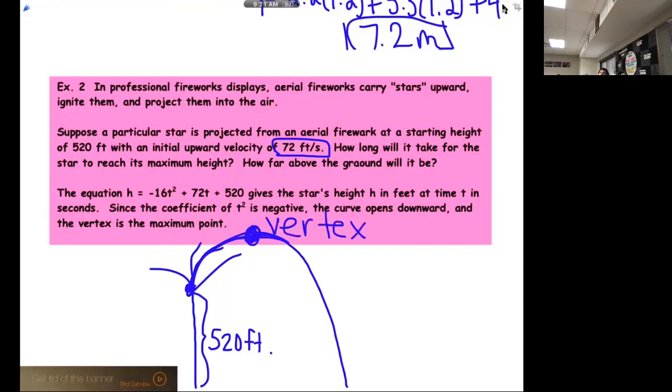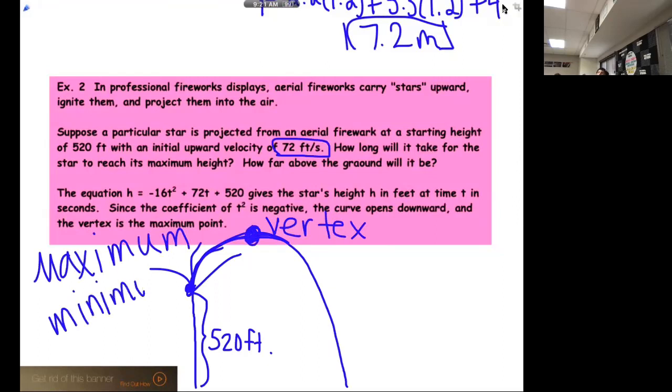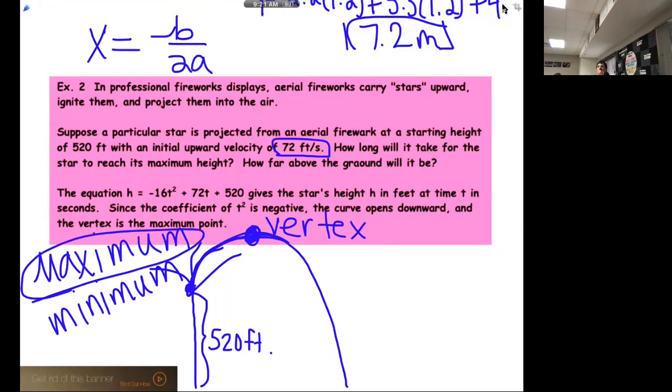So whenever it says maximum, or if we're looking for a minimum, anytime you hear that as part of the directions, your mind should automatically go to that vertex formula, okay? So since we're looking for the maximum, my equation is h equals -16t squared plus 72t plus 520.